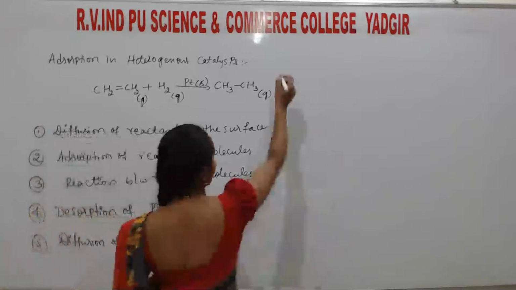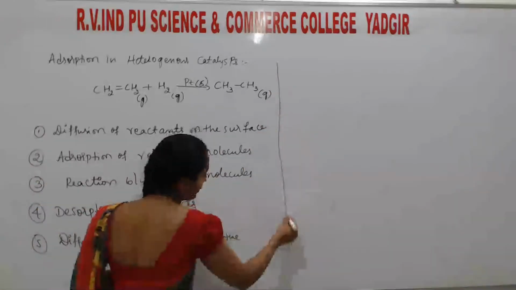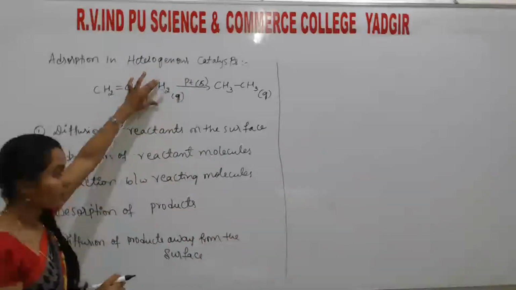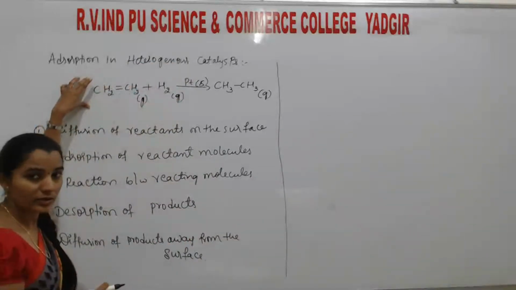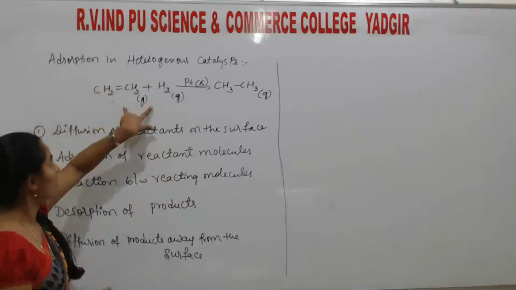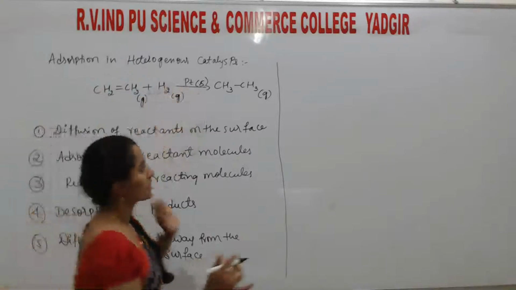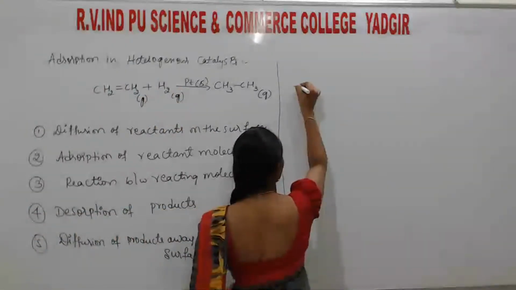So students, I'll explain the mechanism here, how it takes place. Listen, platinum is the catalyst, and hydrogen gas and the ethene molecule are gases. These two are the reactants and this one is the catalyst, so it is solid in state.